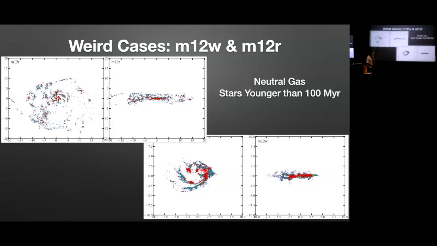I should say that the red points are the stars, and the greenish-blue points are the neutral gas. We're doing a face-on and an edge-on view. Both of these have disks that seem disrupted. I think M12R had recently gone through some merger, so we think that might have affected how this circular velocity looks.